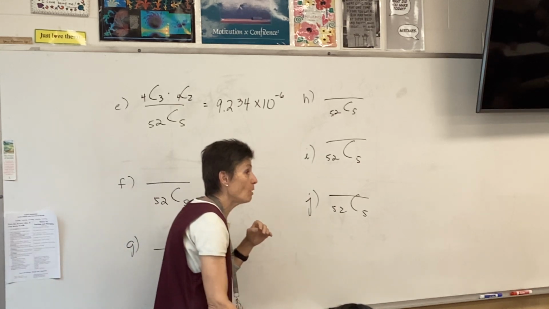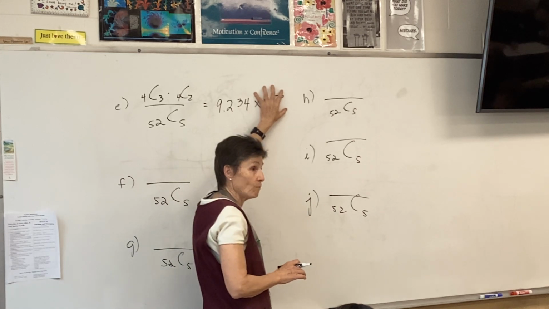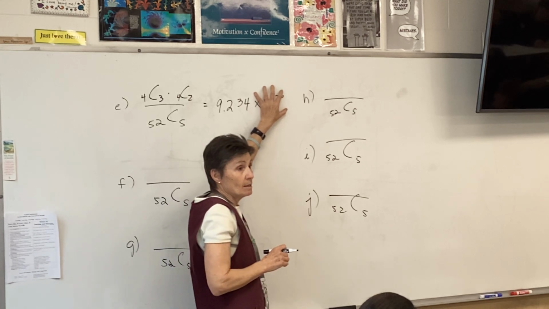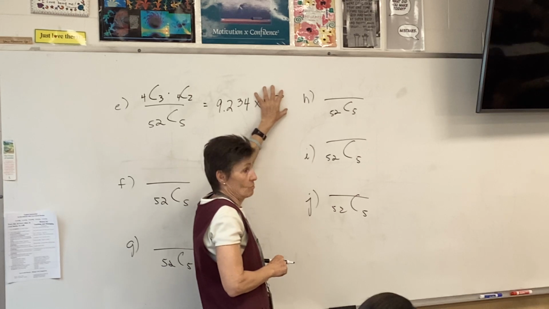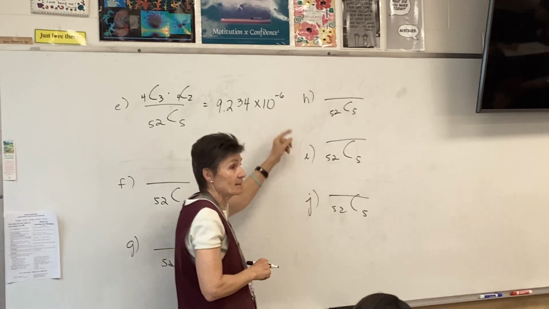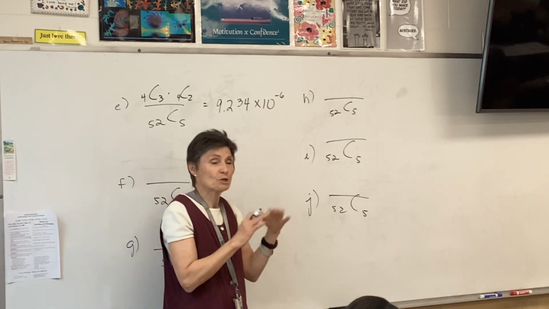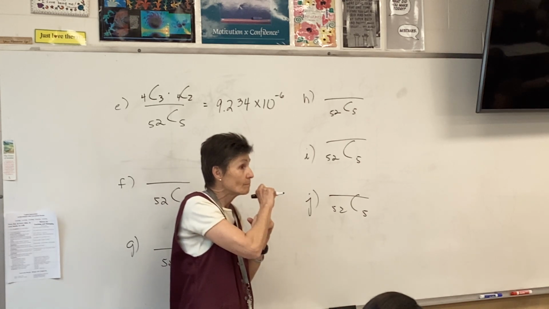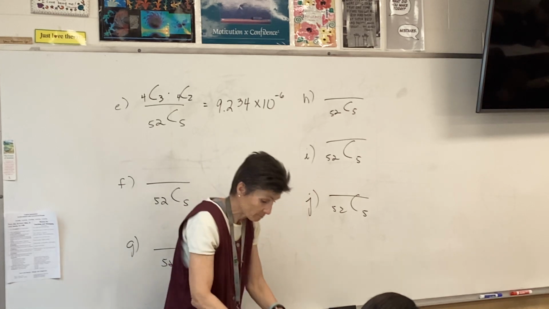If you wrote down 9.234 as your answer, you're still at the prom, folks. Because can a probability be 9.2? No. The answer is 9.2 times 10 to the negative 6. If you wrote it out decimally, which you don't have to, it would be 0.00000, right? Not very likely this is going to happen.